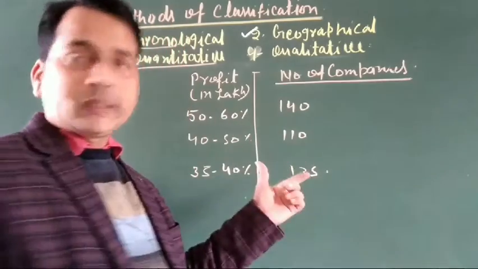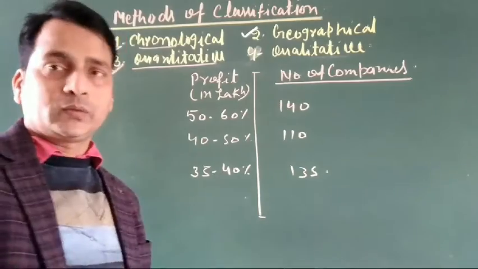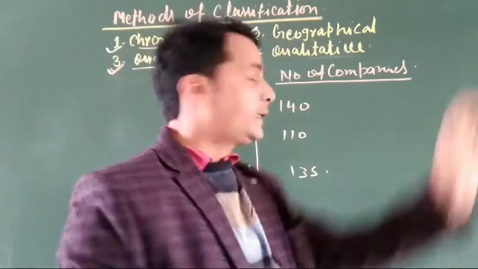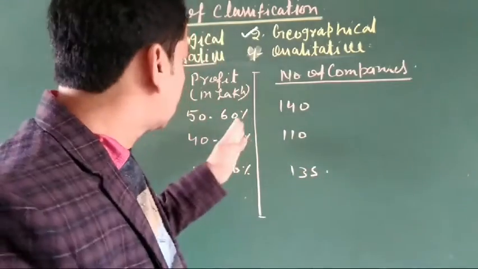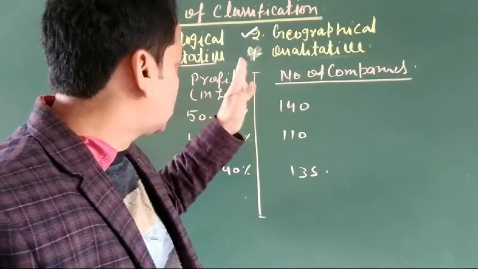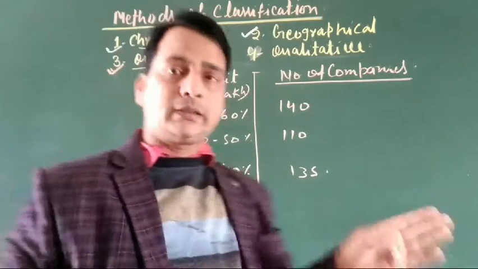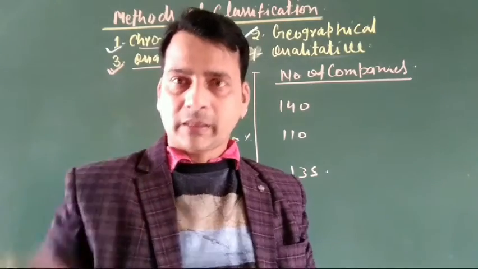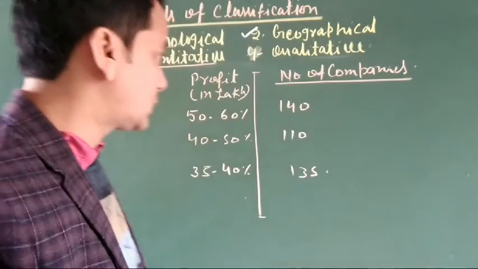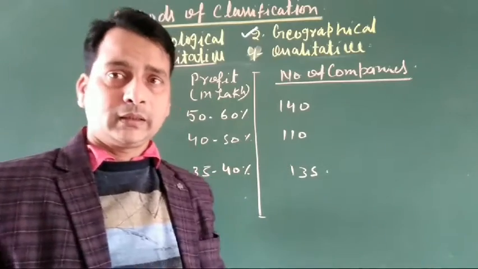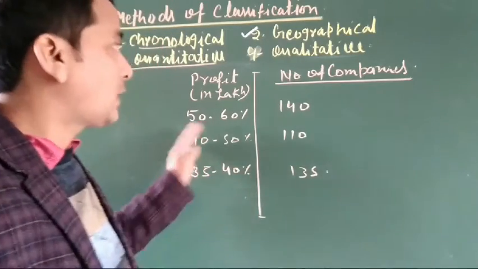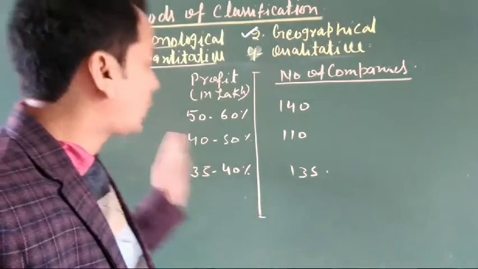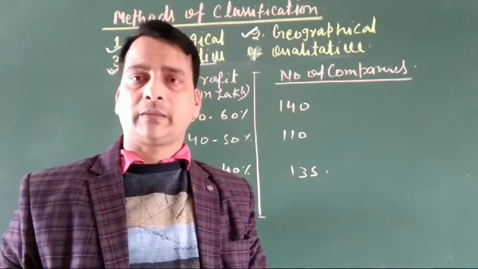This type of data is called quantitative. Quantitative means the statistical data are classified in numerical terms. So this type of data is called the quantitative classification of data.